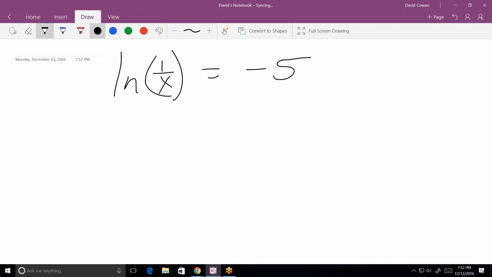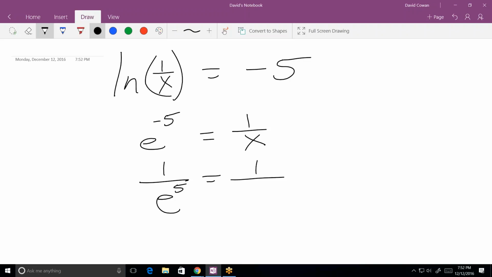Right. So it's going to look like e raised to the -5 equals 1 over x. And this I can rewrite as 1 over e to the 5th equals 1 over x. What's x equal to?